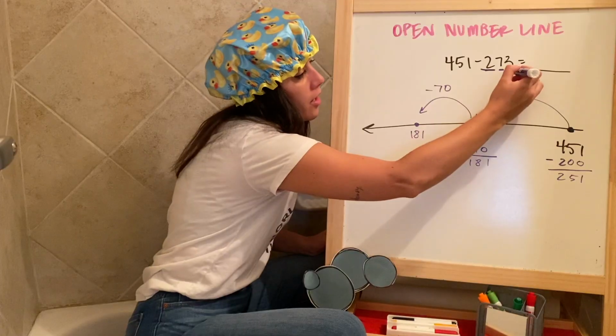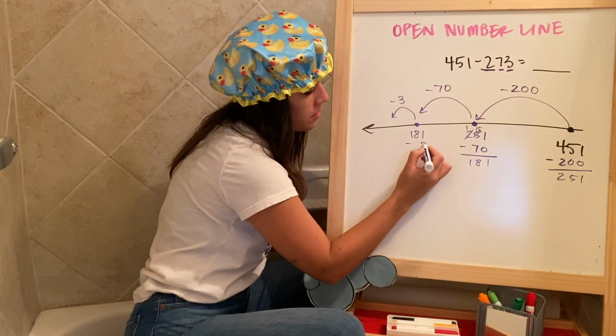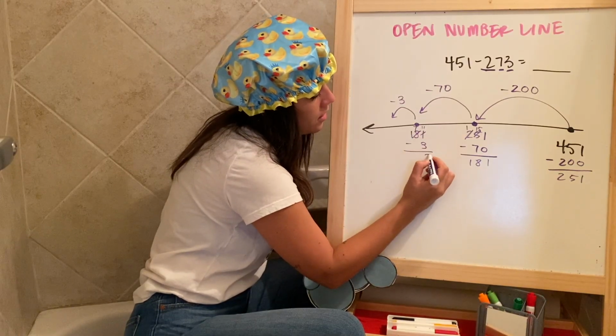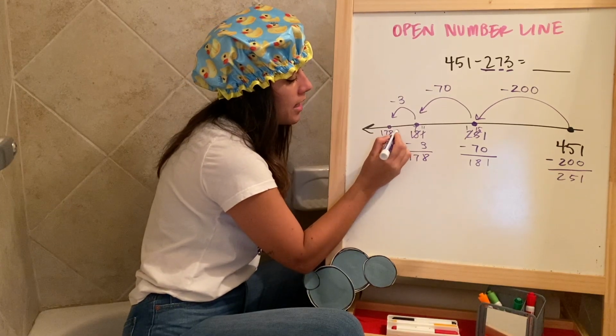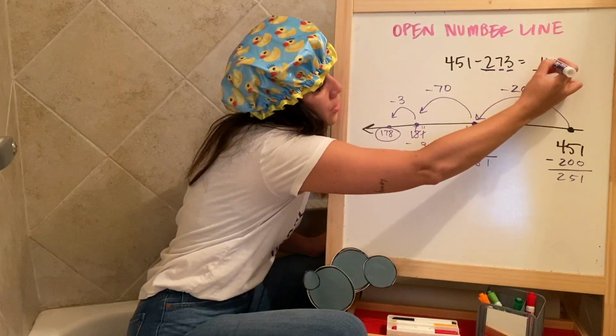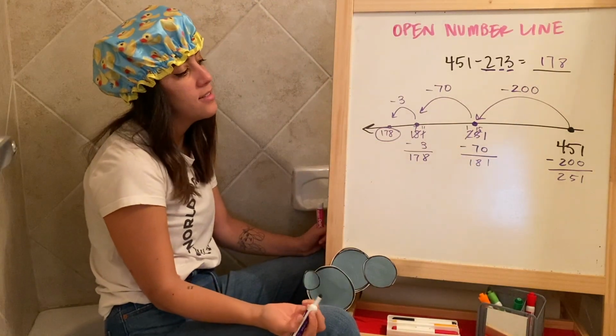Then I'm going to subtract 3 in the ones place. So minus 3, minus 3. Don't have enough, so borrow over. That's 11. That's 8, 178. So this next spot, or my answer, because I'm done taking away, is 178. So 451 minus 273 equals 178.